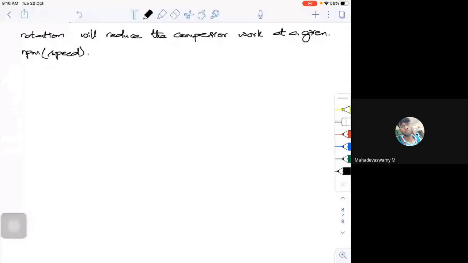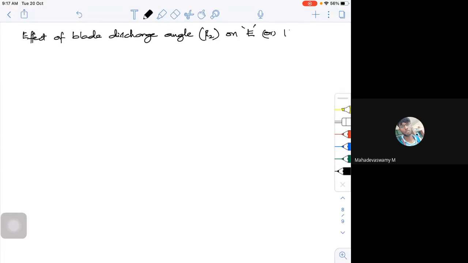That is what we are supposed to discuss next: the effect of the blade discharge angle, that is your beta 2, on your energy transfer E or your head coefficient H.